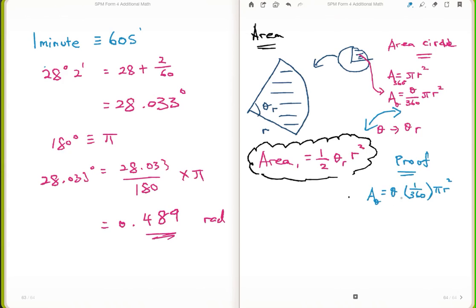I want to convert this to radian, whereby theta is equals to theta radian over pi times 180, times pi r squared over 360. 2 pi and pi, therefore is 1 over 2 theta r squared.